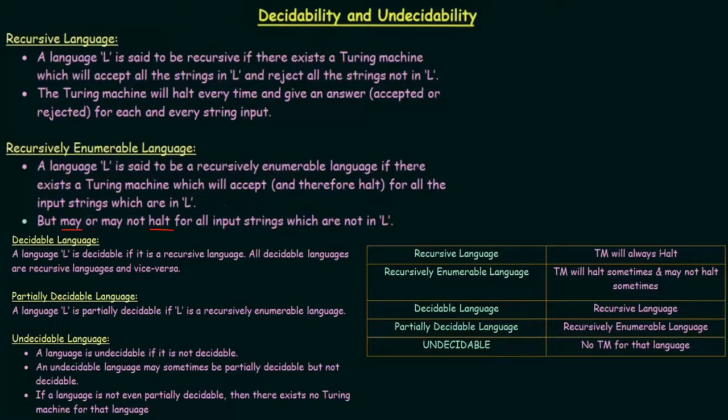This is the table given about the languages. For a recursive language, the Turing machine will always halt. For a recursively enumerable language, the Turing machine will halt sometimes and may not halt sometimes. It may halt in what cases? For partially decidable languages.